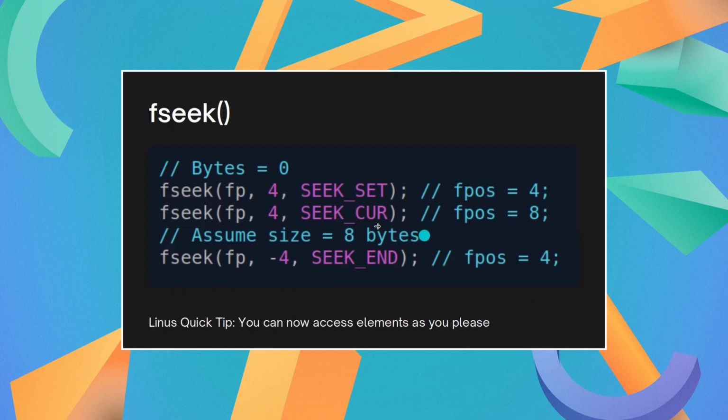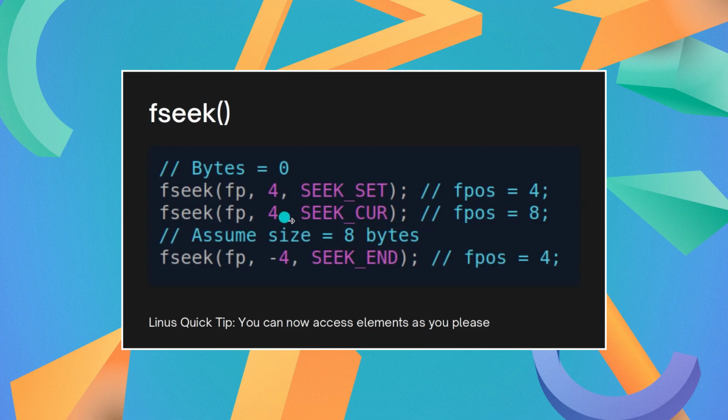Here it is in action. Let's assume that we have a file that has some data readily available inside it. So obviously, we always start with 0, and then we'll move forward with fseek. We want to move 4 bytes forward. We'll be using the file position, and then we'll be moving 4 bytes, and that's our current position now.